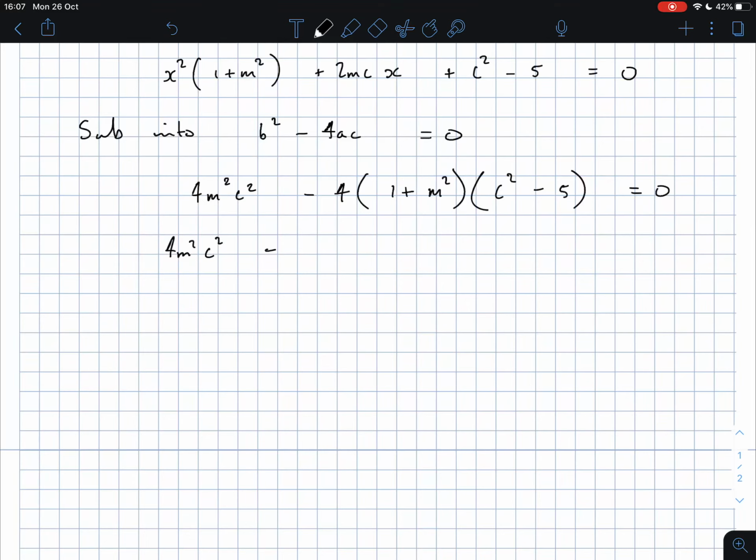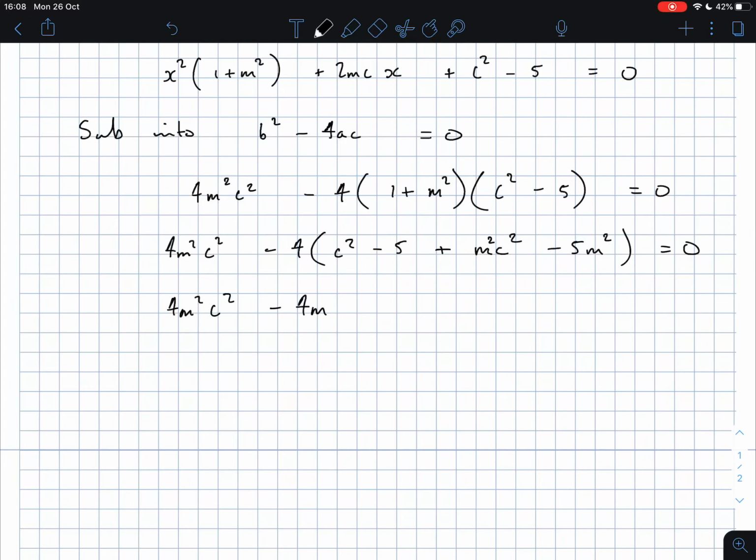So when we do that, minus 4, we get c squared minus 5 plus m squared c squared minus 5m squared. Sorry, I just missed a squared there, my mistake.